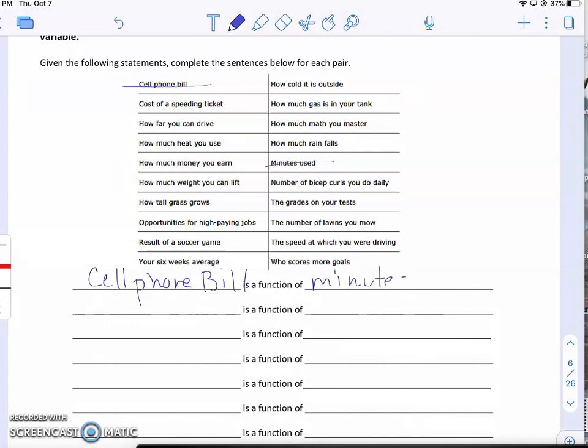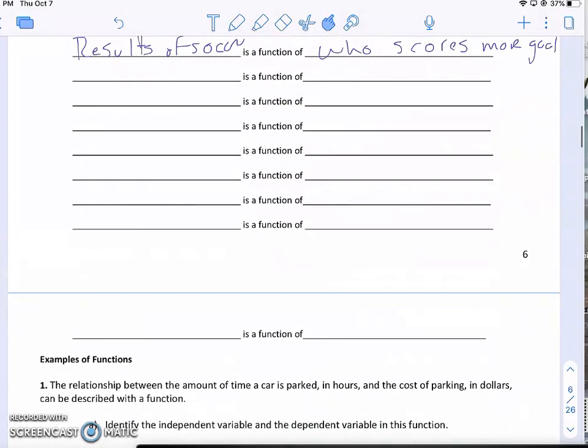In the old days, you used to get charged per minute. I would say the results of a soccer game is a function of who scores more goals. So it depends on who scores more goals. Why don't you take some time and see what you can fill out there.